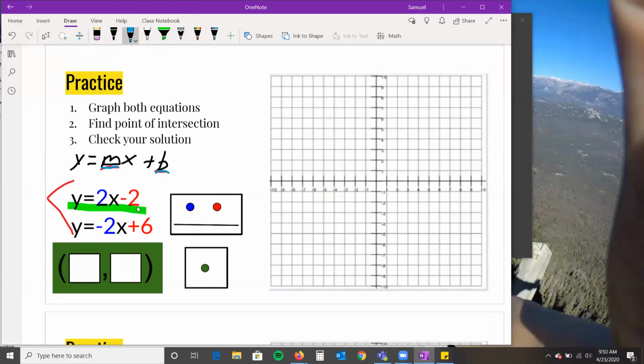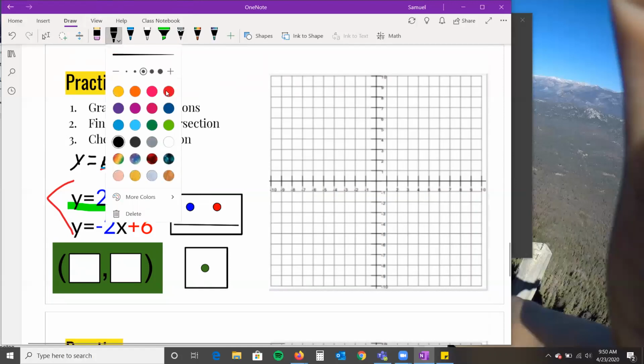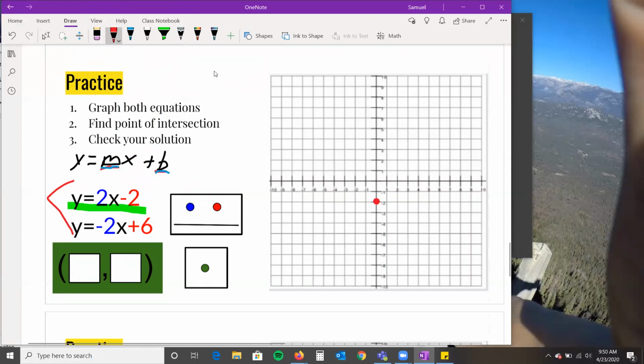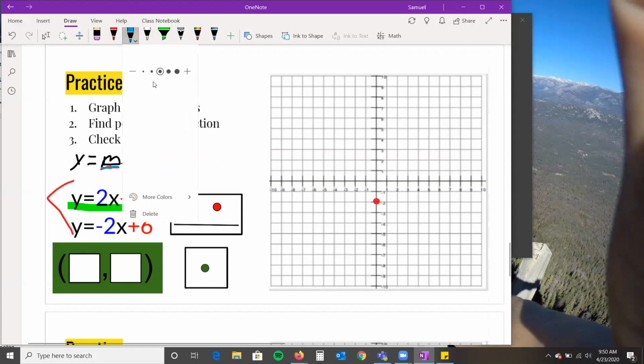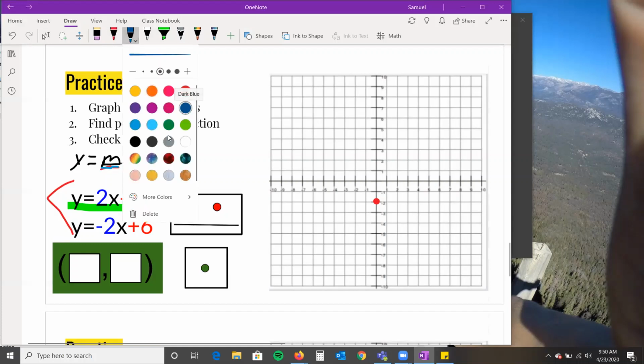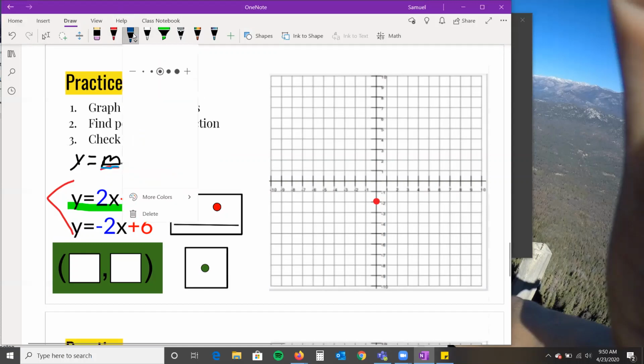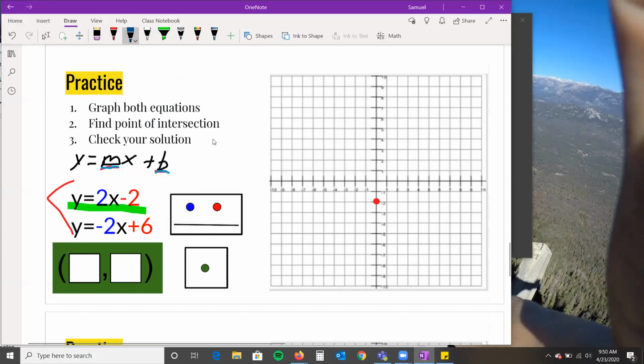So our y-intercept is -2. I can already take my red dot and place it at -2. Now I know my slope is 2, which I can rewrite as 2 over 1. Isn't that the same thing as 2?